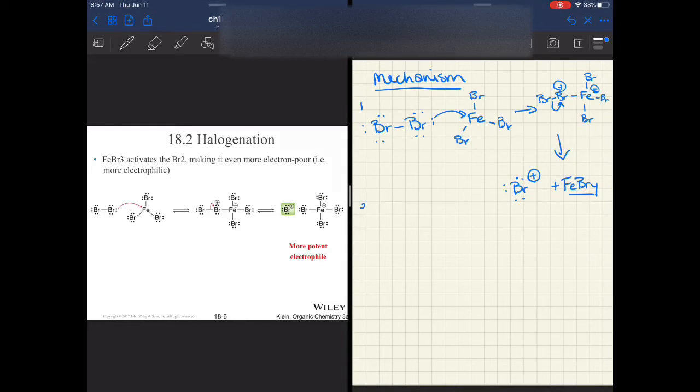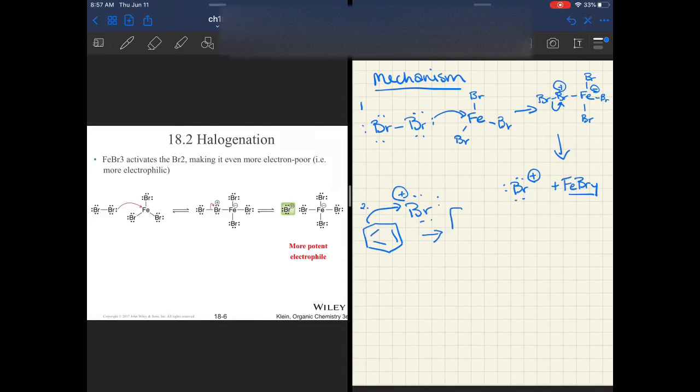Now, if we go to step 2, we have our benzene ring, and we have our extremely electrophilic bromine cation, much more potent. That is going to attract the electrons from our aromatic ring.